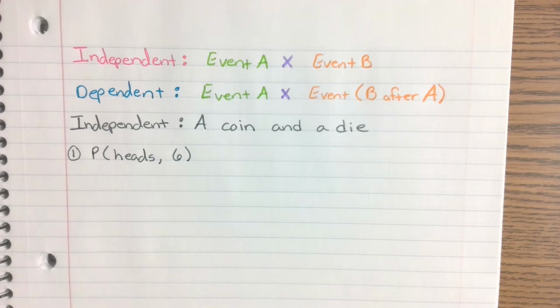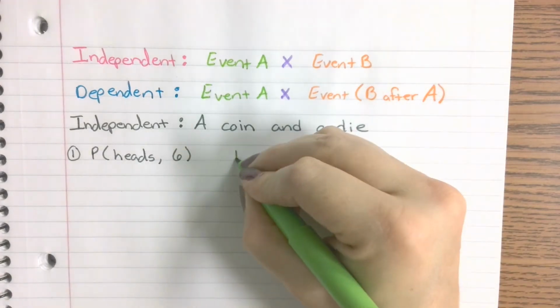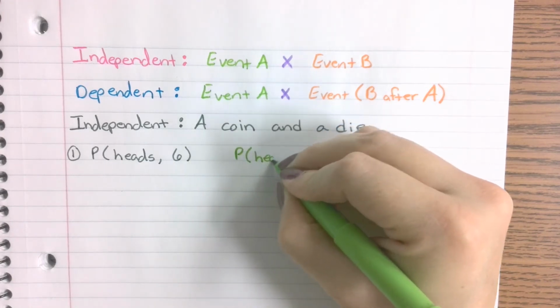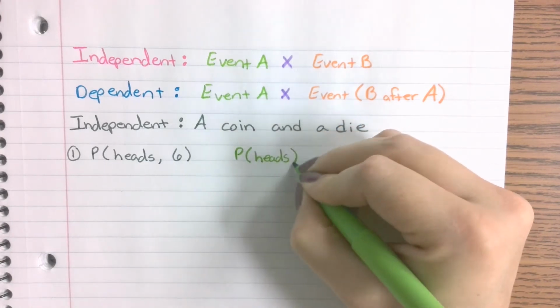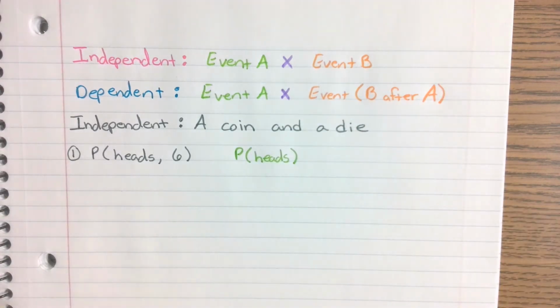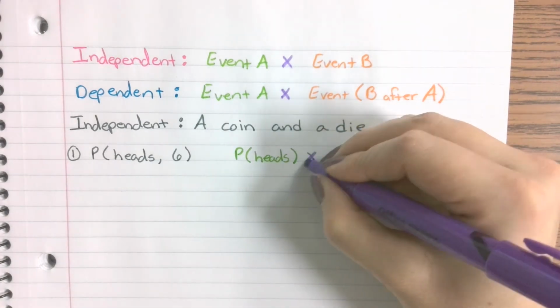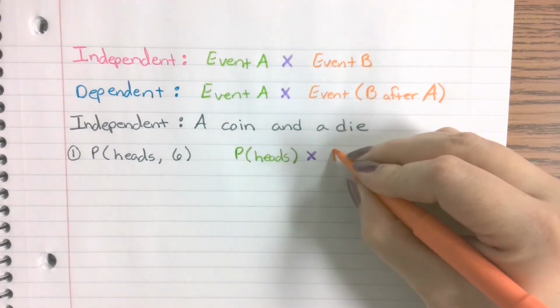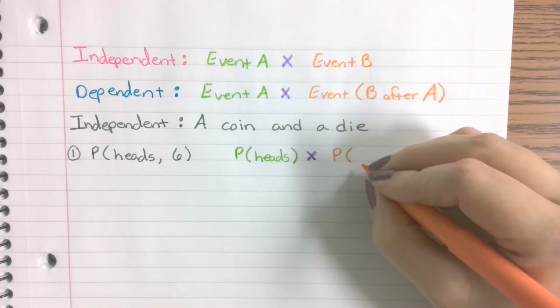So we're going to take those probabilities and split them apart: the probability that it'll land on heads, and then we multiply it by the probability that the die is going to land on the number 6.